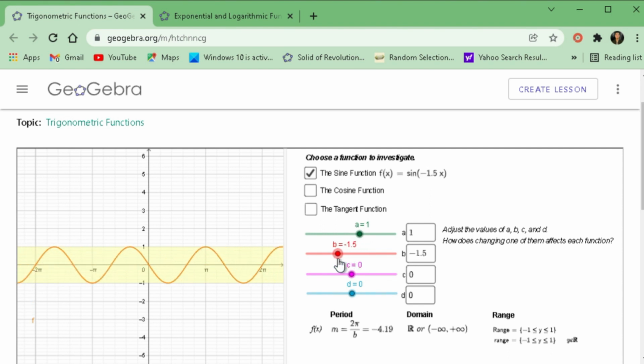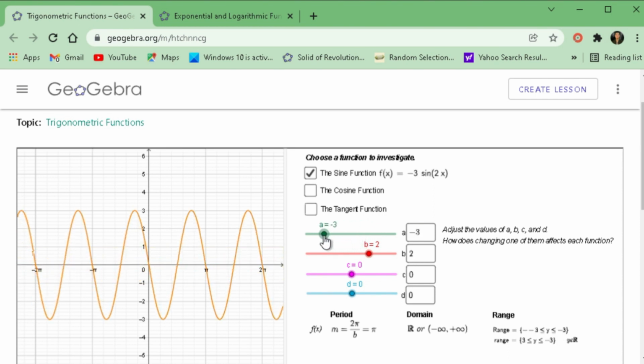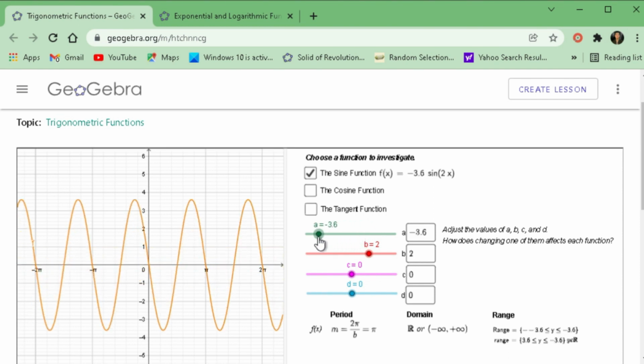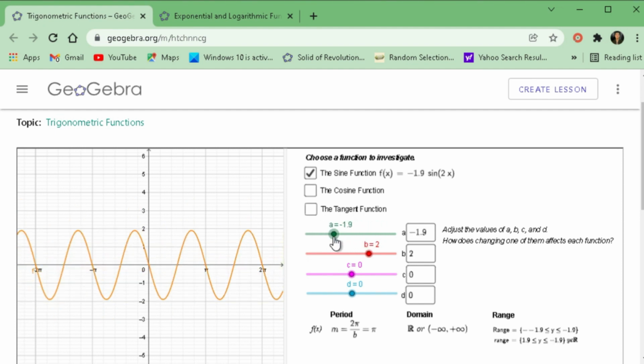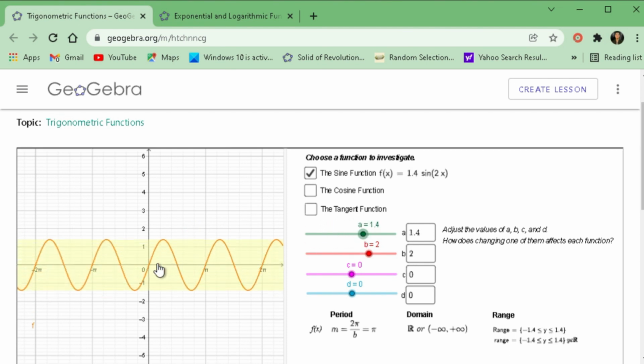How about if it's negative? It's just flipped. How about if A is negative? It's the same effect when A is negative or positive. If negative, from the origin it goes down first, then up. But if positive, from a higher position, it goes down.